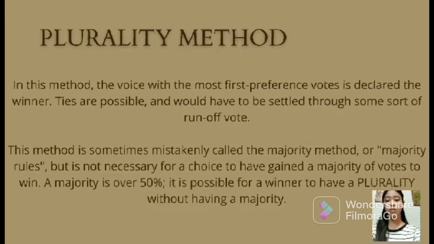This method is sometimes mistakenly called the majority method or majority rules, but it is not necessary for a choice to have a majority of votes to win. A majority is more than 50%. It is possible for a winner to have a plurality without having a majority.